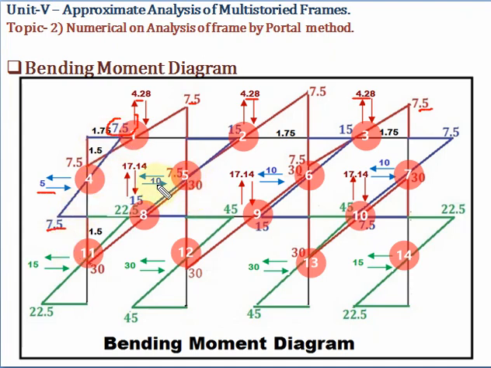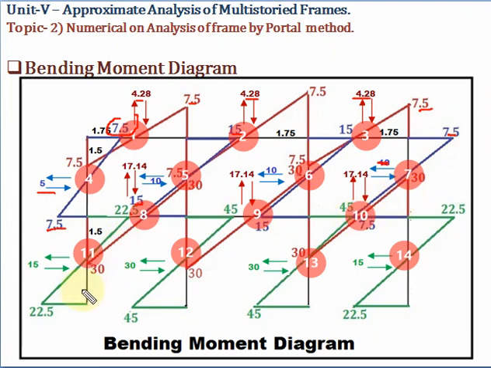Then at node 5, the value is 10. So 10 into 1.5, what value do you get? 15. Join this by a straight line. Now the remaining will be the same. Here the value is not 10, it is 5. So 5 into 1.5, this value is 7.5.